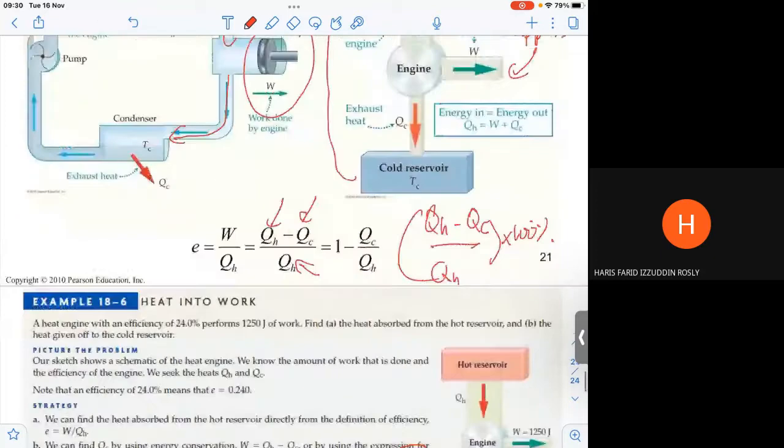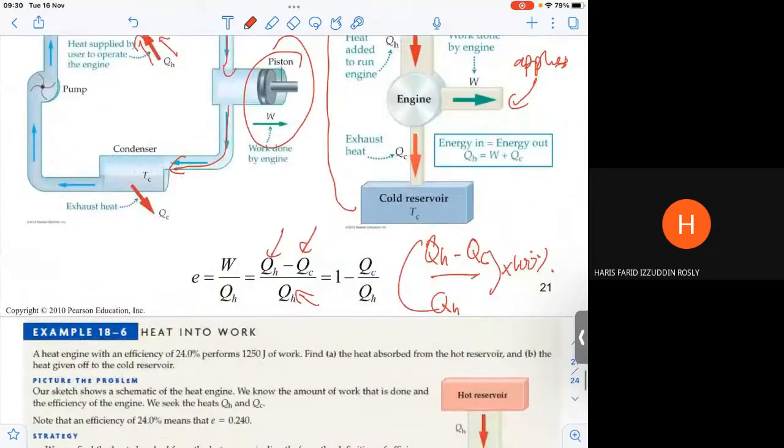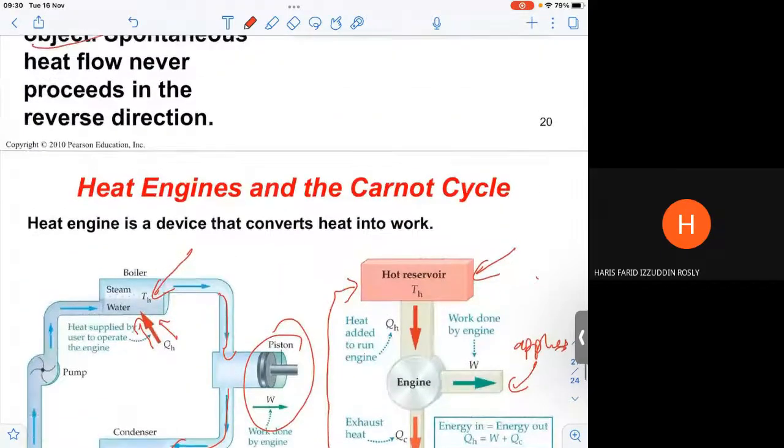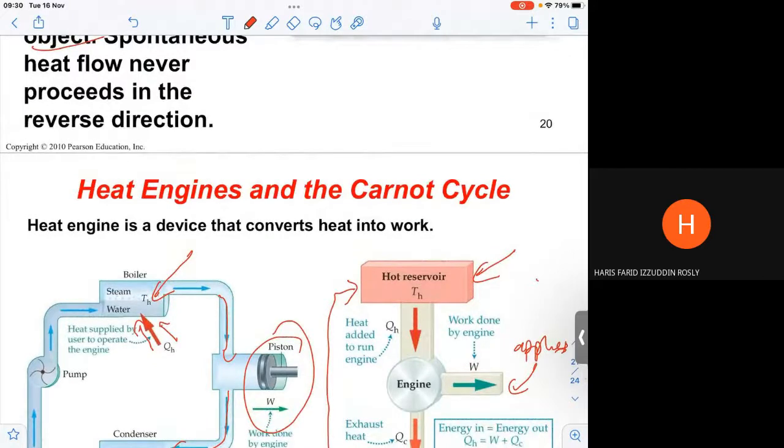The second law of thermodynamics is considering the conditions, that means the heat will flow from the high temperature body to the cold temperature body. From that, they have applied it in terms of efficiency and also to the Carnot cycle.